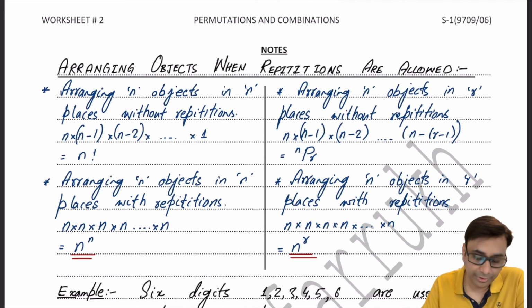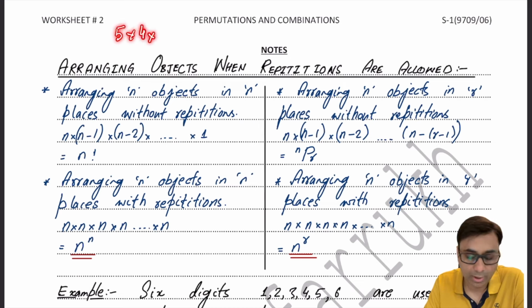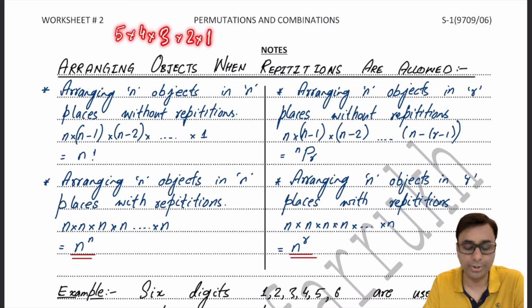So we have seen that if we were looking to arrange n objects in n places, for instance, let's say if we were arranging 5 objects in 5 places, we said that every time we put one object in a place, we are one less for the options, and that's why it used to become 5 into 4 into 3 into 2 into 1. But if you are arranging the n objects in n places where repetitions are allowed, that will mean what?